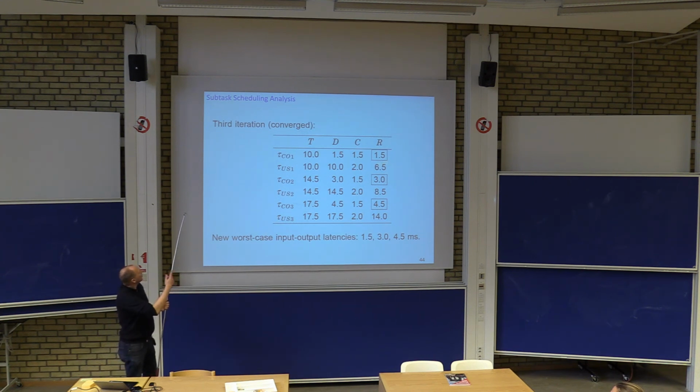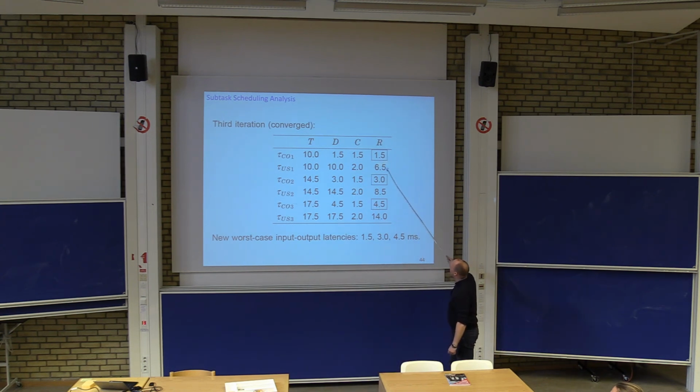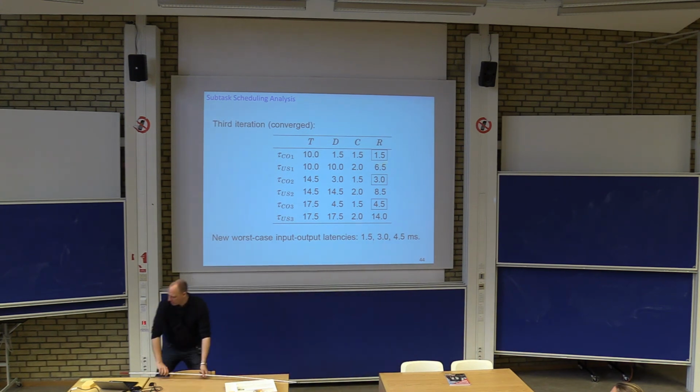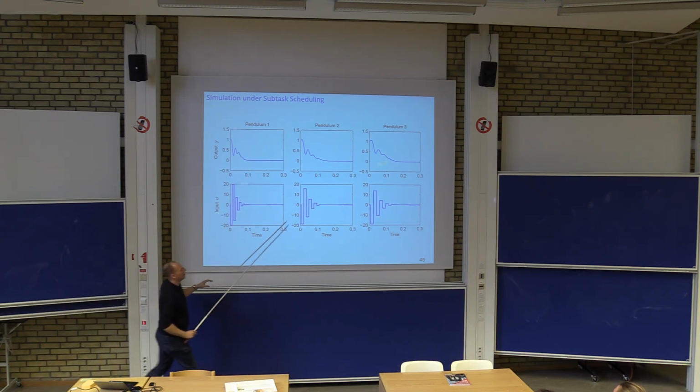Once it converges, we see that the calculate output time for task 1 will be 1.5, for task 2 it will be 3.0, and for task 3 it will be 4.5. So these are the new worst-case input-output latencies. By separating every control task into 2 different tasks that you schedule separately, the same control design will now work fine also for pendulum 3.